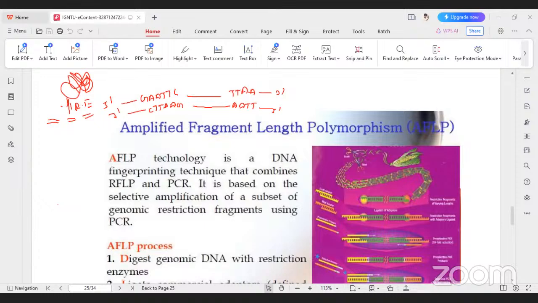Let's change color. Cut in different directions, right.